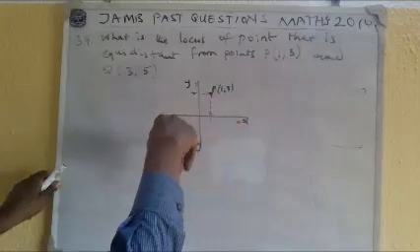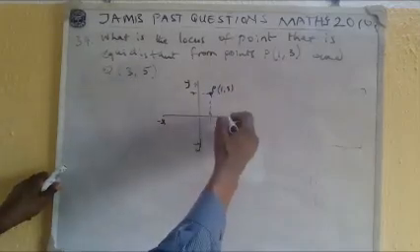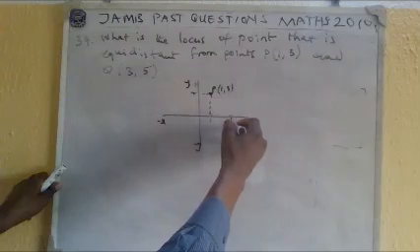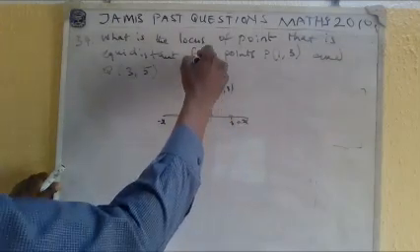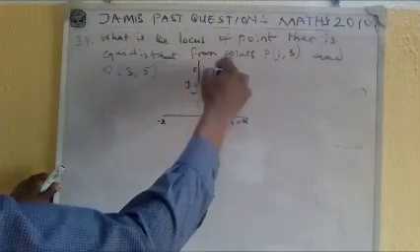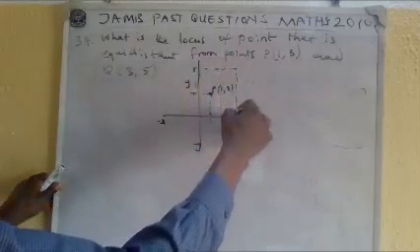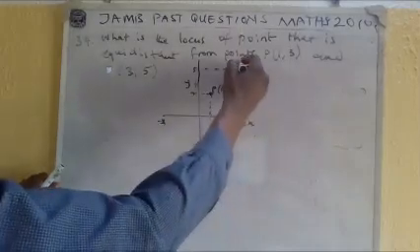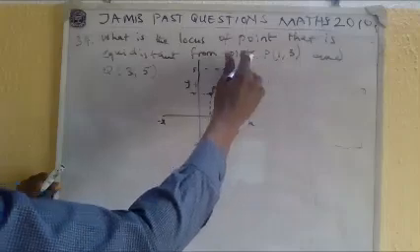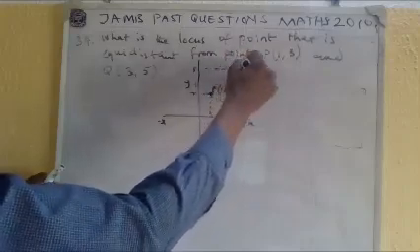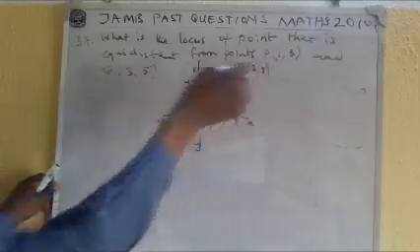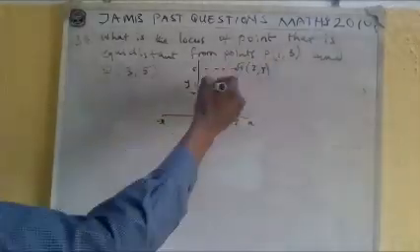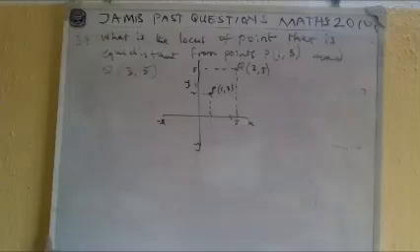And Q is x is 3, and y is 5. So y goes up to 5. This is Q, 3 and 5. So these are the 2 points I'm considering. Understand? So what is the locus of points equidistant from P and Q?